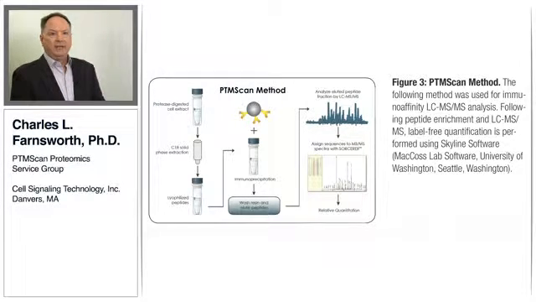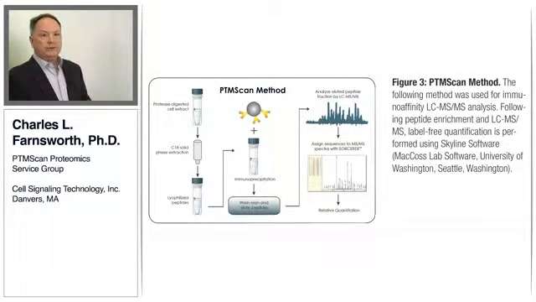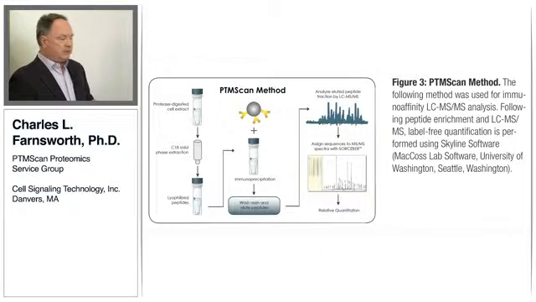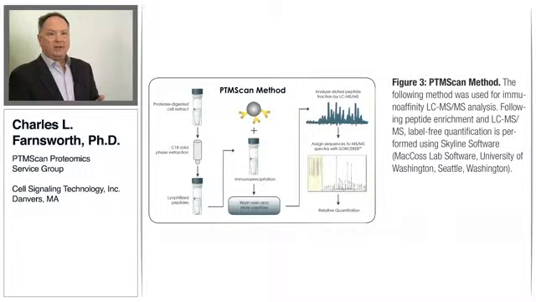Following isolation and purification of the phosphopeptides, they'll be run on LCMS, and the data will be processed for both qualitative and quantitative information. It's important to know here that we're doing quantitative proteomics, and we'll be identifying both the peptide and the parent protein.